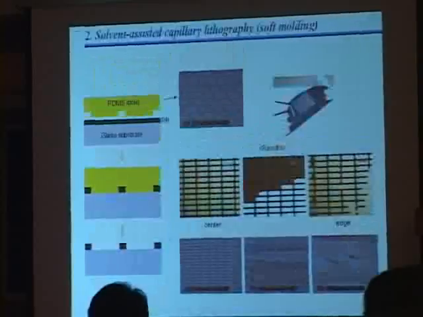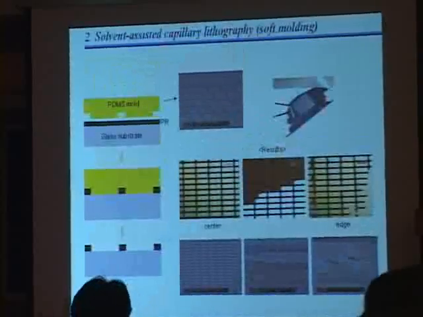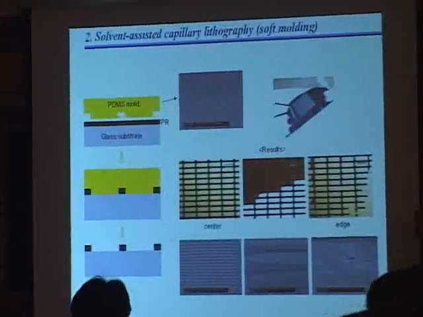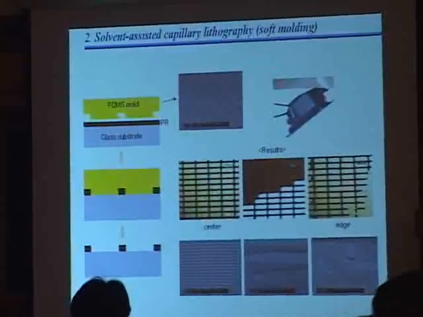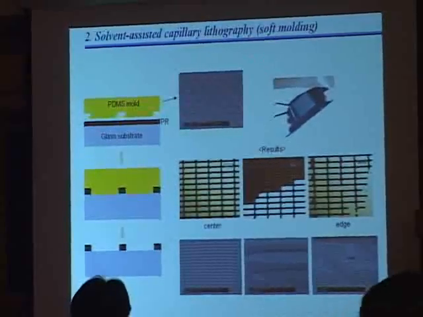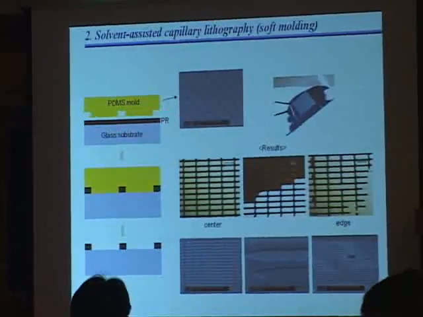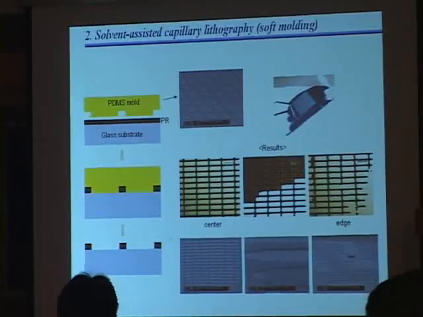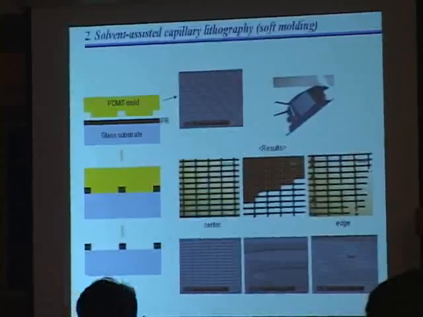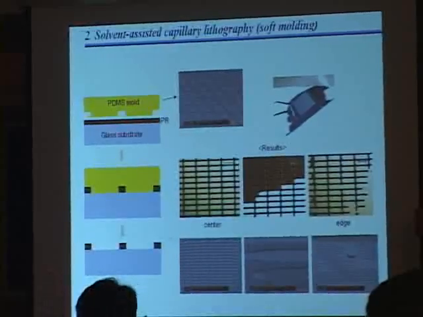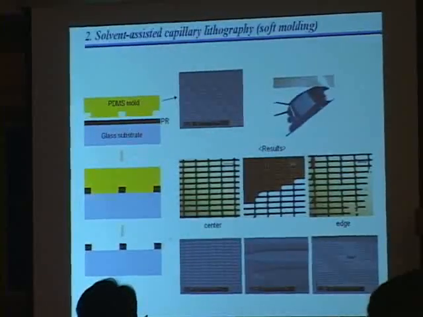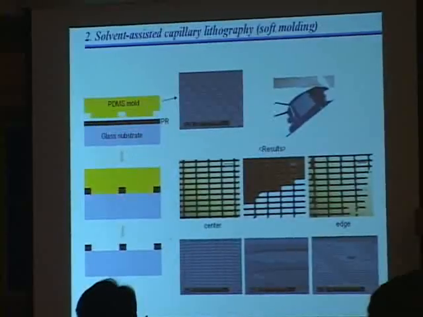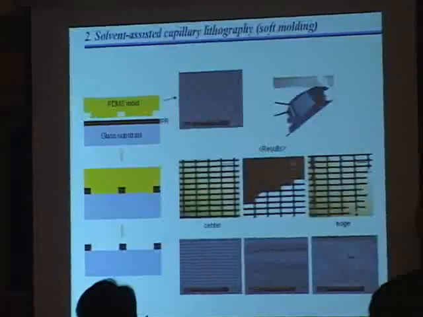So next, we tried solvent-assisted capillary lithography, the so-called soft molding technique. In this process, a thin layer of polymer film is spin-coated. Before solvent evaporation, we directly place the PDMS mold on top of the surface, and then the polymer spontaneously fills up the cavities by capillary action.